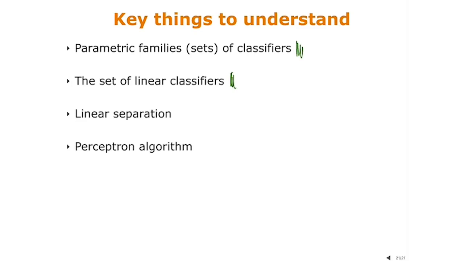We talked about linear separation, when the set of linear classifiers is sufficient to separate the training set, by means of examples. And we defined a learning algorithm for the set of linear classifiers that can take a training set as an input. If that training set is linearly separable, then the perceptron algorithm succeeds in finding a solution to the problem.